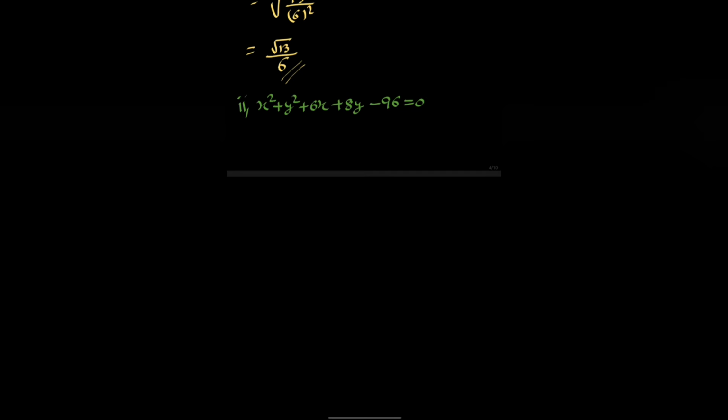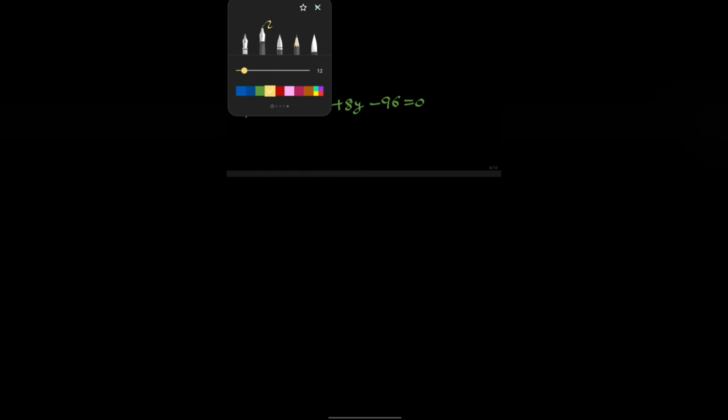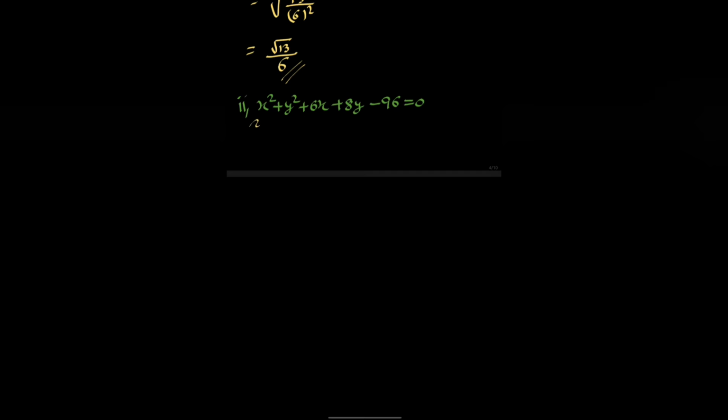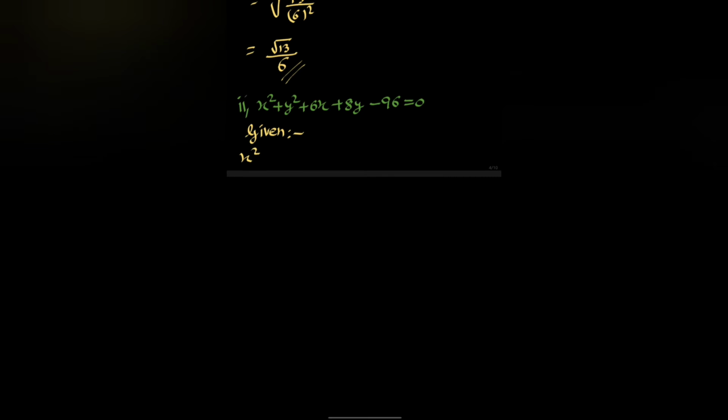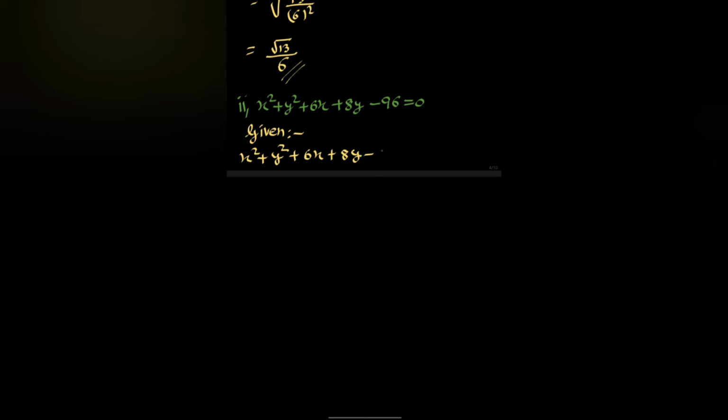So we have to find the center and radius. Given equation x square plus y square plus 6x plus 8y minus 96 equal to 0.